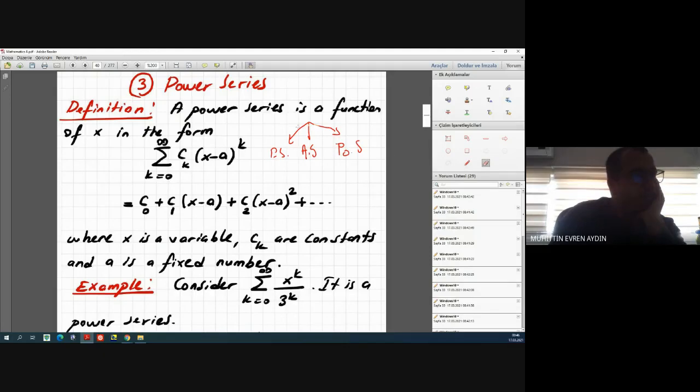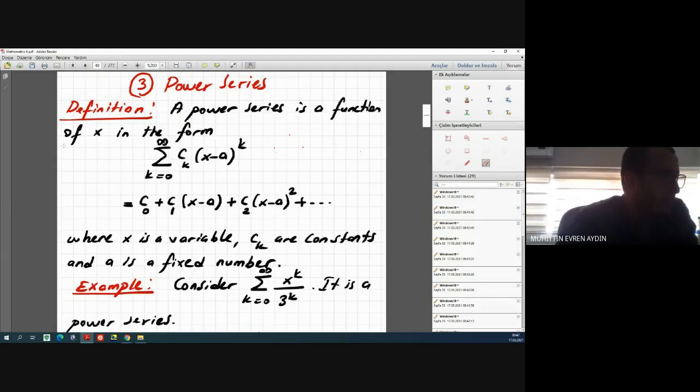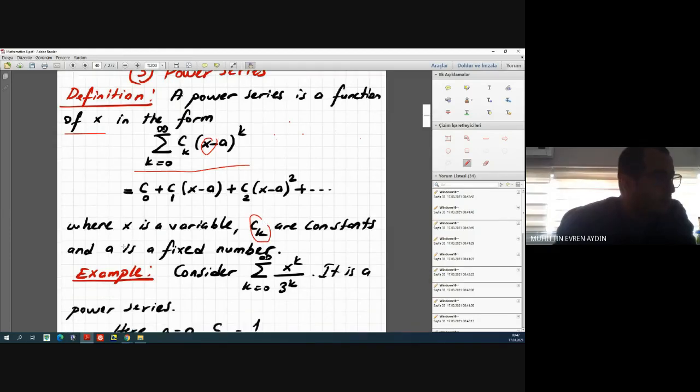Just to recall, I wrote it. A power series is a function of x in the form shown, where x is a variable, the c_k are constants, and a is a fixed number.